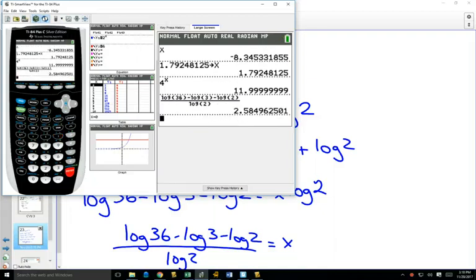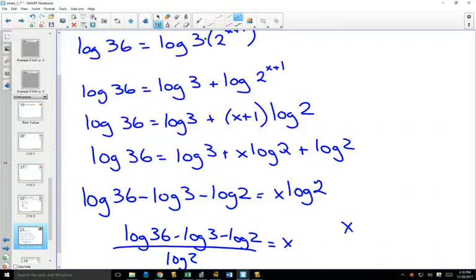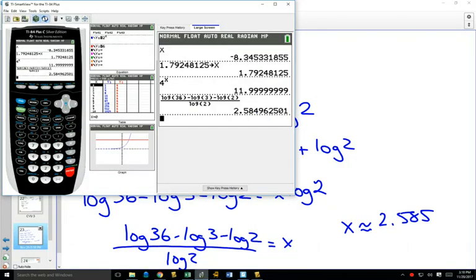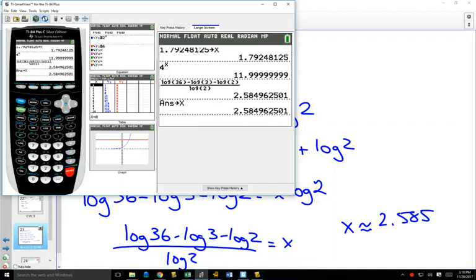I've got x is approximately 2.585, I think I said it wrong, 2.585. I'm going to store that as x and check if that was the right answer.